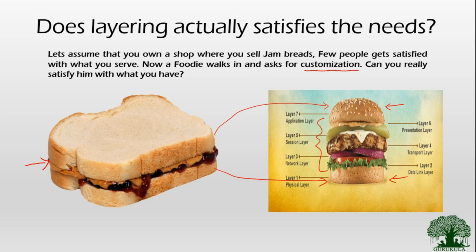If I have to make it more crispy, I can add a separate layer responsible for crispiness. If I want it more spicy, I can add or remove layers responsible for spiciness. So I have the freedom of including or excluding any of the layers.